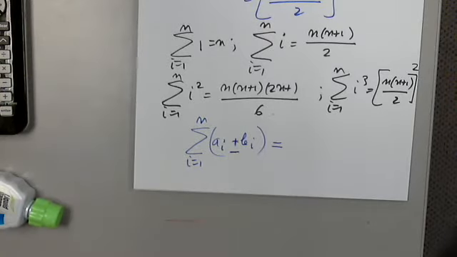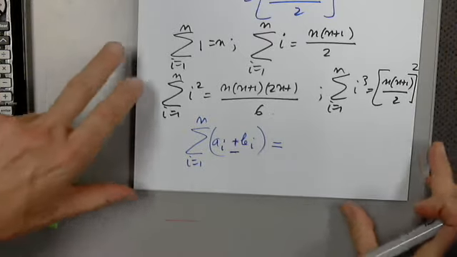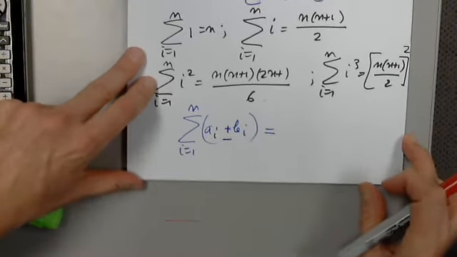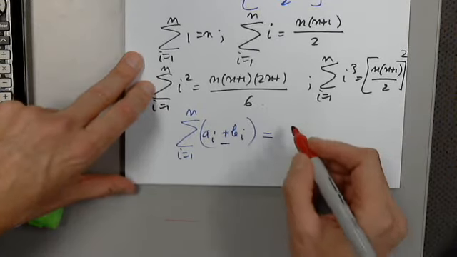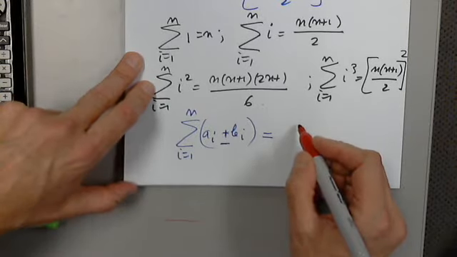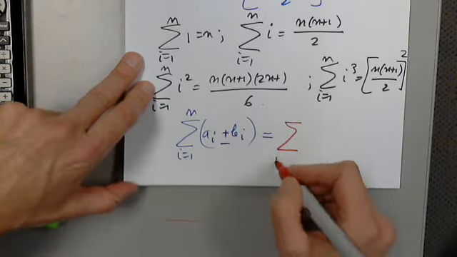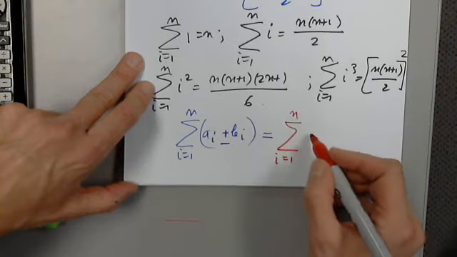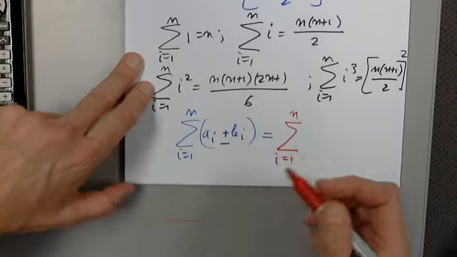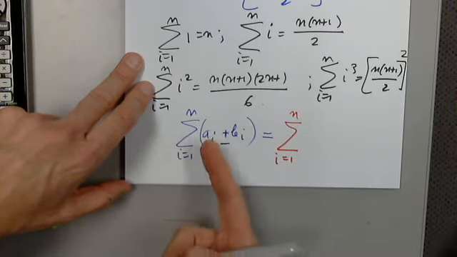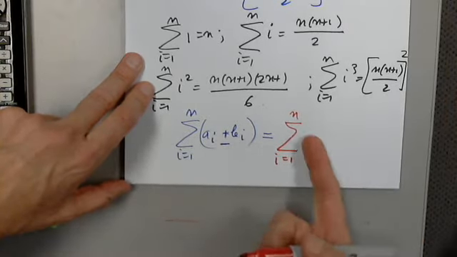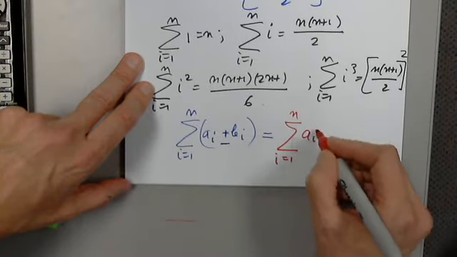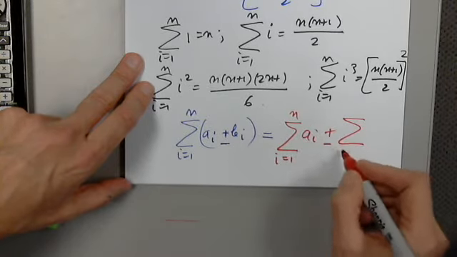Same property that we found for limits. The limit of a function plus another function is the limit of f plus the limit of g, the same thing.